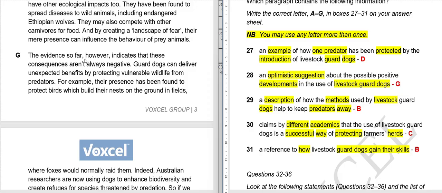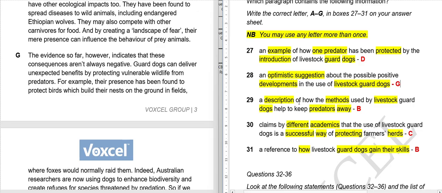The evidence so far, however, indicates that these consequences aren't always negative. So something positive we're talking about. Guard dogs can deliver unexpected benefits by protecting vulnerable wildlife from predators.